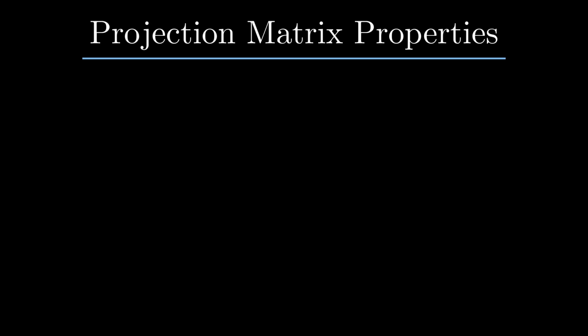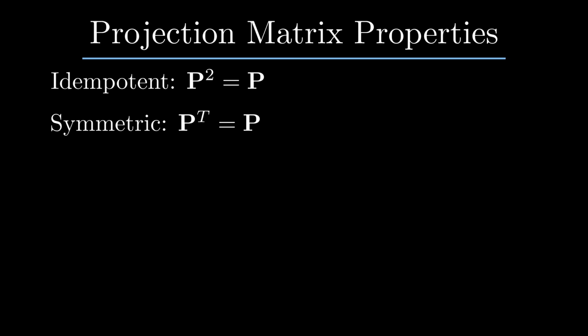So, to recap all of that, we've got these properties for orthogonal projection matrices. They are idempotent, so that projecting twice is the same as projecting once. They are symmetric, which implies that dotting two projected vectors is the same as dotting one projected vector with one non-projected vector.